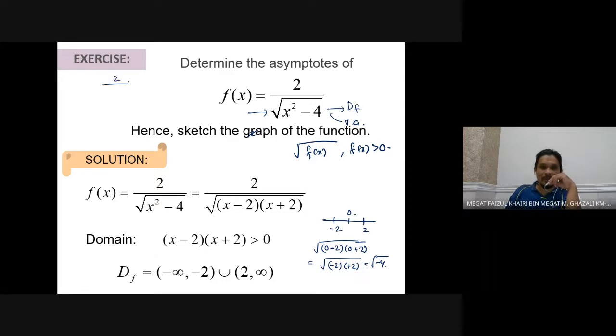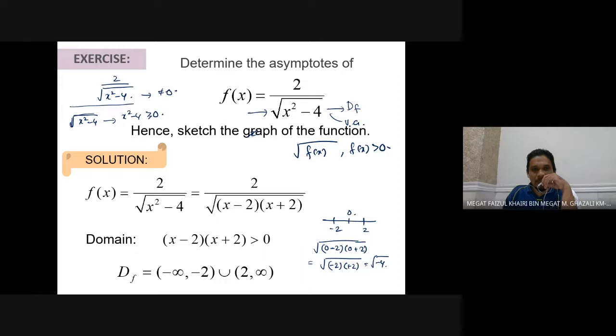So for 2 divided by square root of x squared minus 4, the denominator cannot be equal to 0. But if we take x squared minus 4 separately, kalau kita asingkan ini saja, x squared minus 4 is greater than or at least equal to 0, for the domain of a square root function.